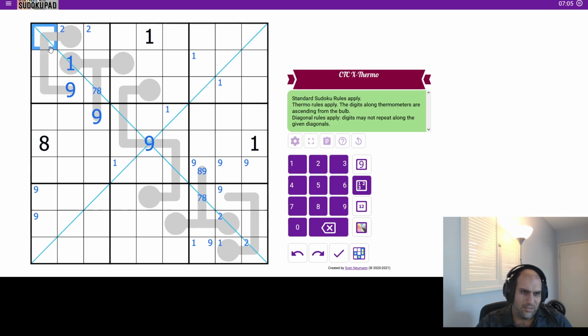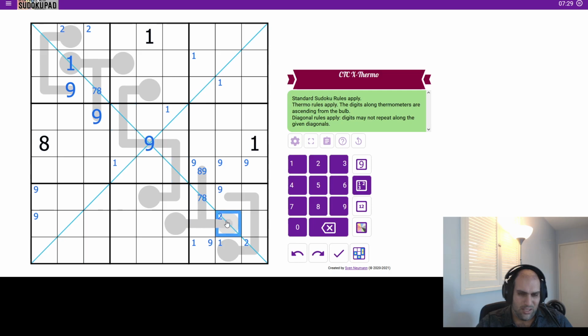But now 6s, well, 6 can't go here because I would need to put 7, 8 here, and I have one of them there. Simultaneously, 6 can't go there. But no problem with there being 6 here.